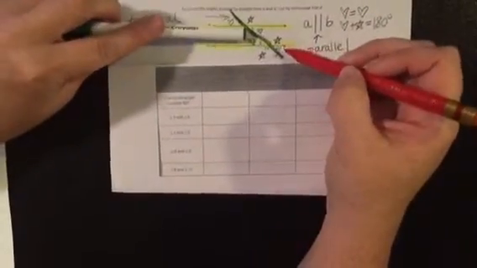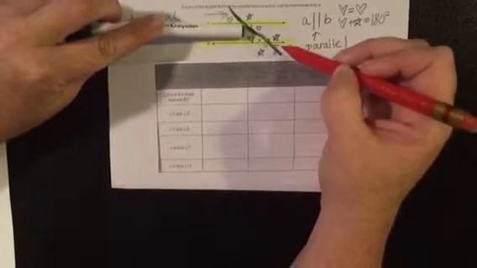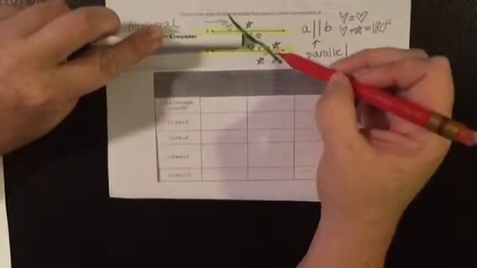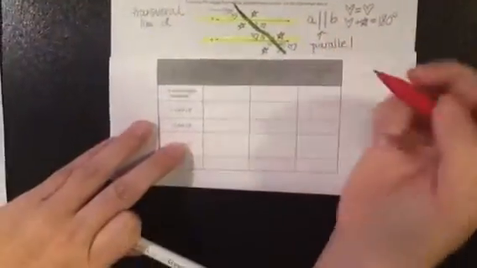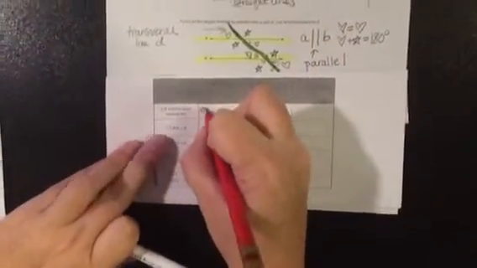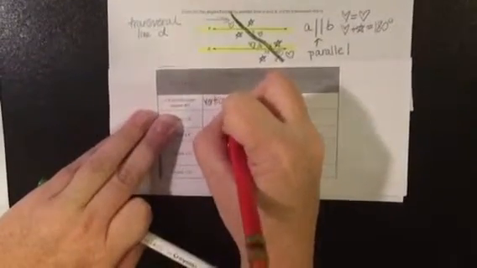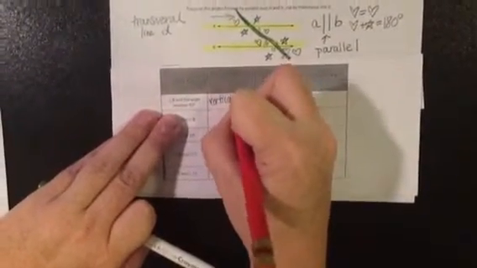Put your pencil on those. They're both hearts. These are called vertical angles. See how vertically they're across from each other? Their mathematical name is vertical angles.